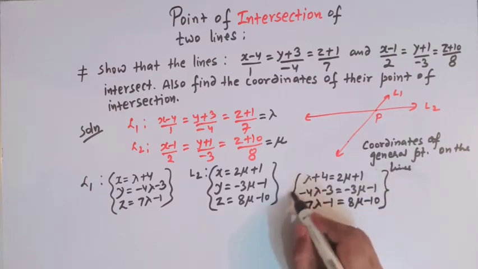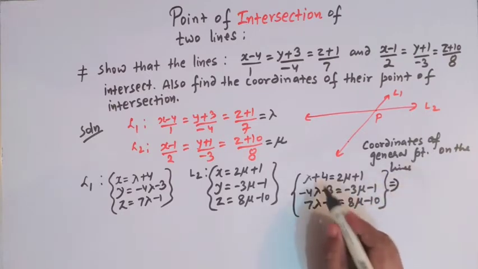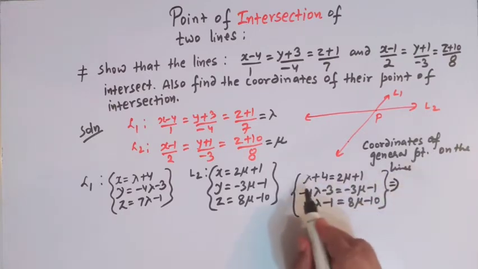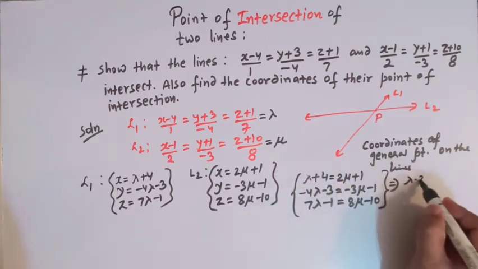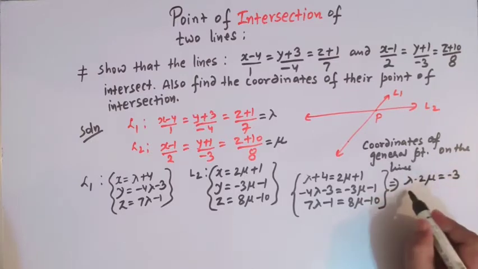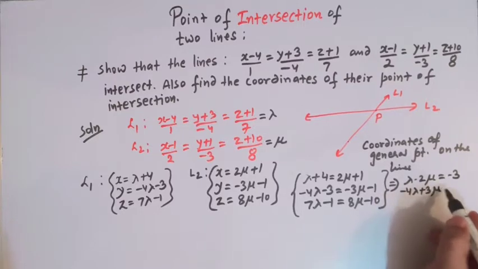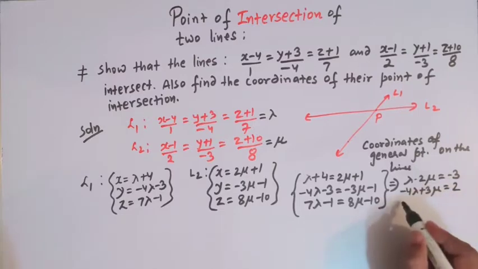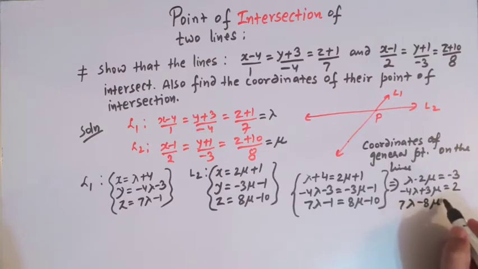Now we will simplify it, and we will form three linear equations in two variables, that is in lambda and mu. So we have lambda minus 2 mu is equal to minus 3, and here we have minus 4 lambda plus 3 mu is equal to 2, and here we have 7 lambda minus 8 mu is equal to minus 9, right?